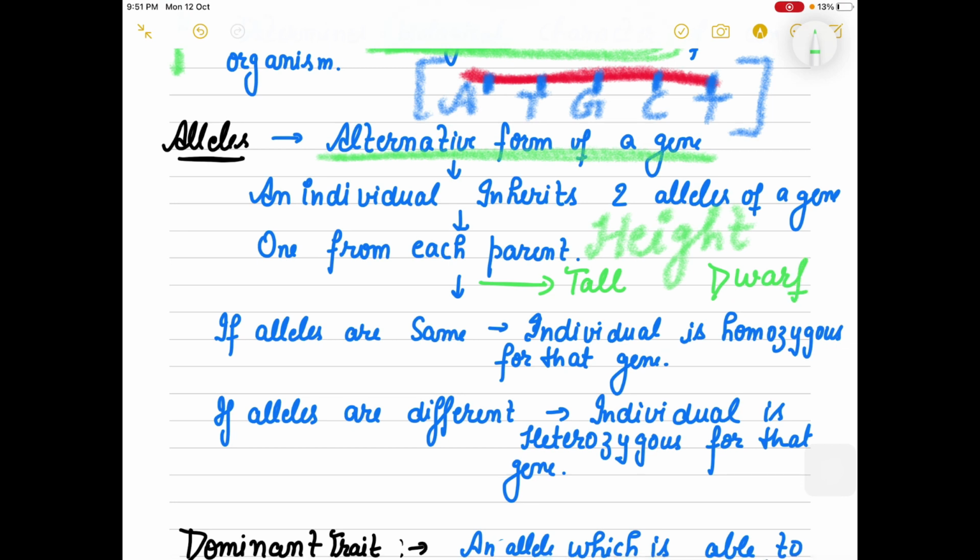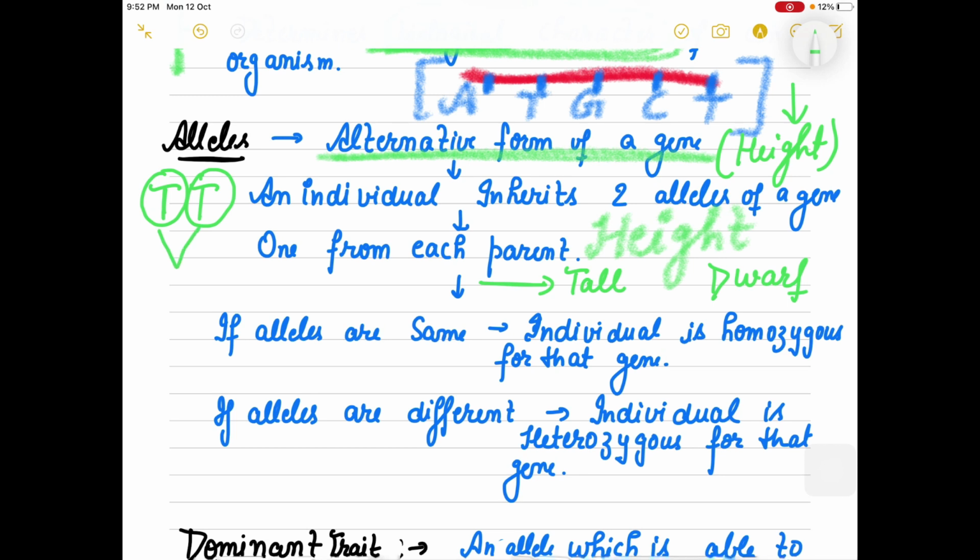Height is represented by a gene. A gene always has 2 copies. The trait is height, and the gene for it is represented by T, but that is coming from your father and also from your mother.